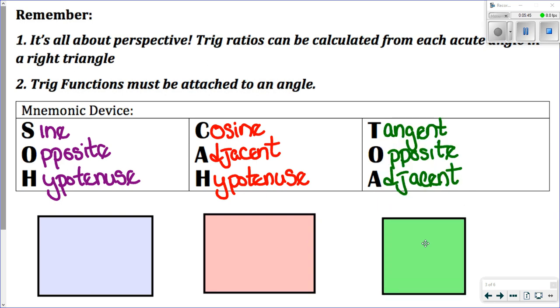And TOA is tangent opposite adjacent. If it's hard for you to remember which sides go with which ratio, then with SOHCAHTOA, you can never go wrong. The first letter represents the word that you're dealing with. So always remember SOHCAHTOA. Can't go wrong.